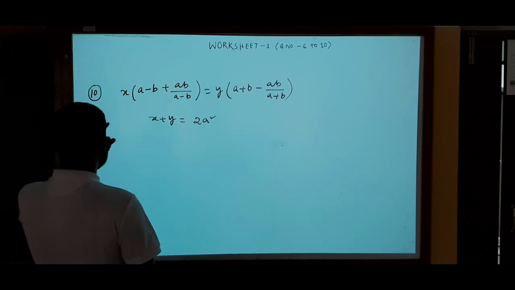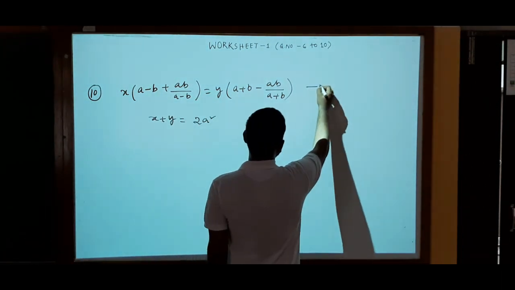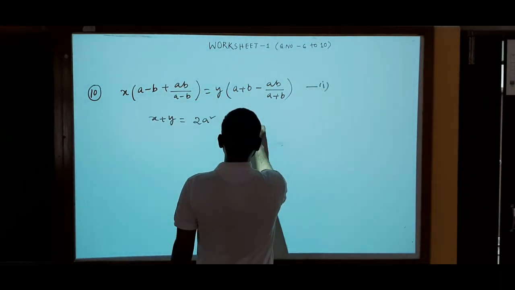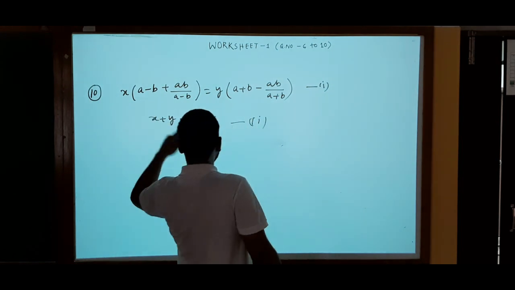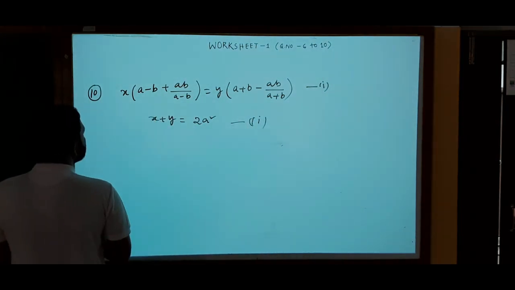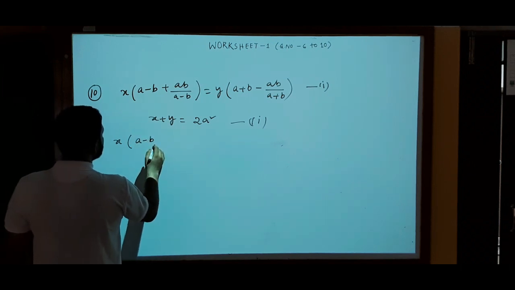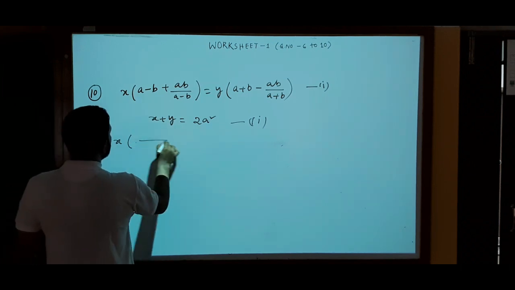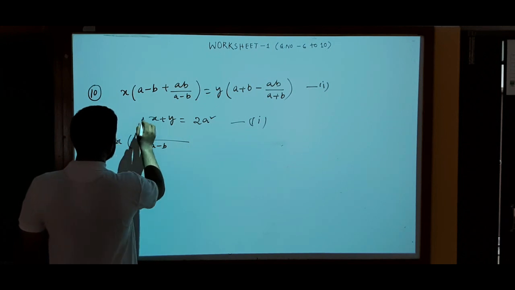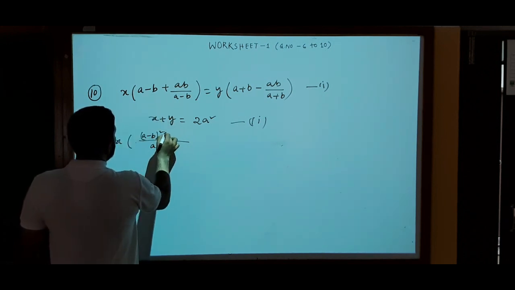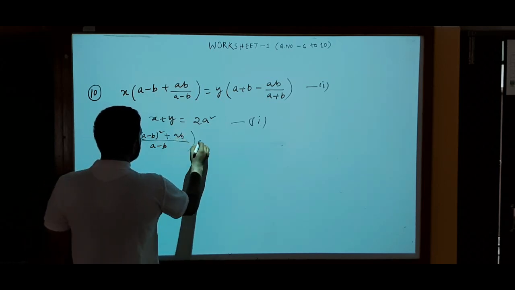Okay, now this is the equation 1 and this is equation 2, right? As you can see here, we have to simplify this equation. So x a minus b, if I will take LCM a minus b, so it will become a minus b whole square, and this a plus b.